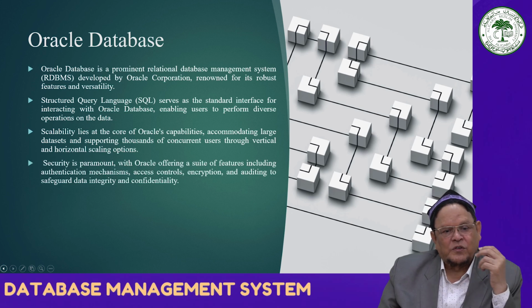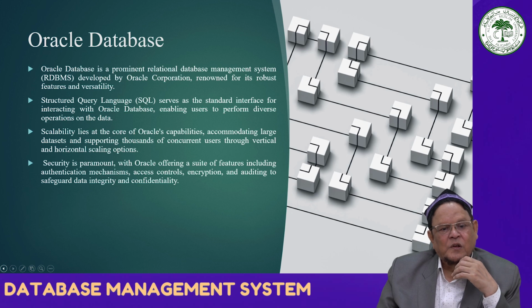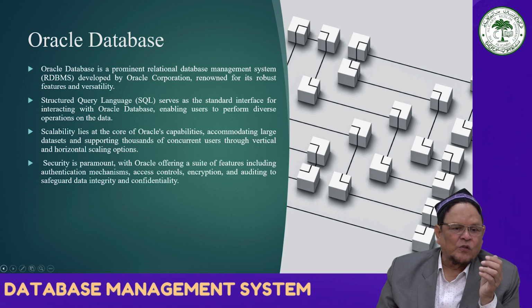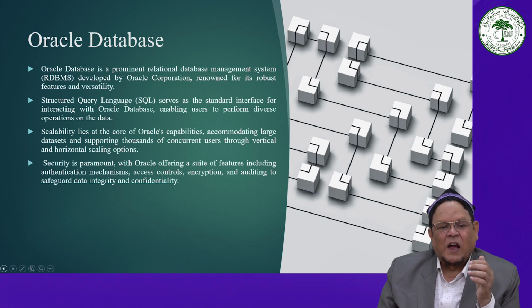Security is paramount. Oracle offers a suite of features including authentication mechanisms, access control, encryption, and auditing to safeguard data integrity and confidentiality. So in a database, security is also very paramount.